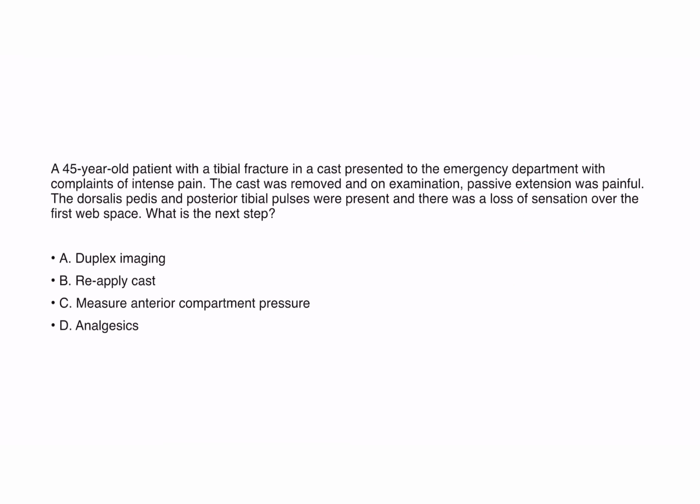A 45-year-old patient with a tibial fracture in a cast presented to an emergency department with complaint of intense pain. The cast was removed on examination. Passive extension was painful. You see, a patient is presenting to you with an acute tibial fracture in a cast, intense pain which is exaggerated with passive extension, which means passive stretching of the muscles causing pain.